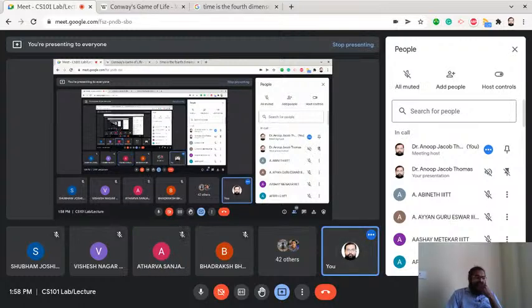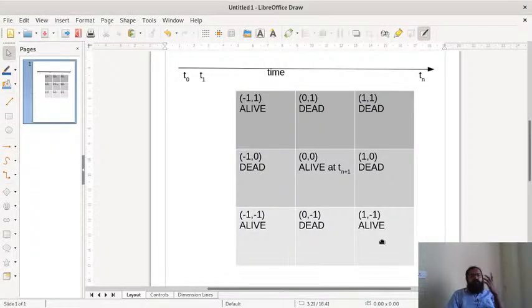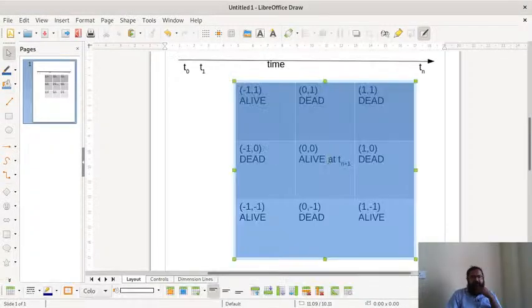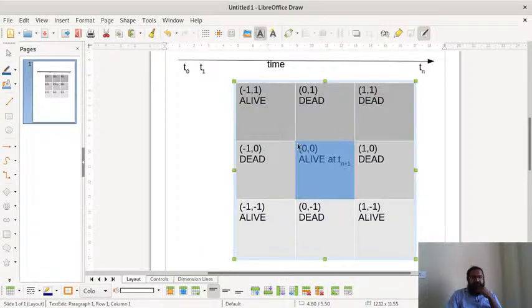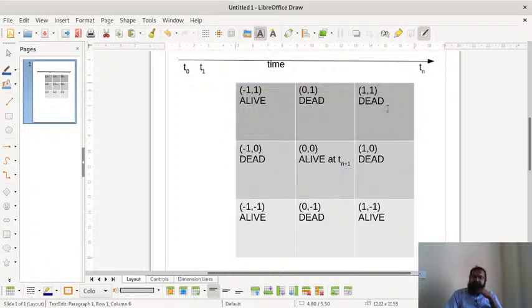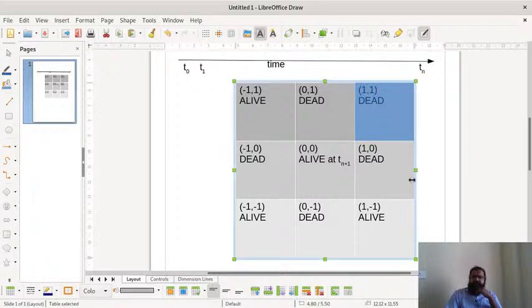Yes, correct. For example, if I am considering this cell, these are the 8 neighbors. If I am considering this cell, then the 8 neighbors are these 3 plus the 5 other neighbors, correct?